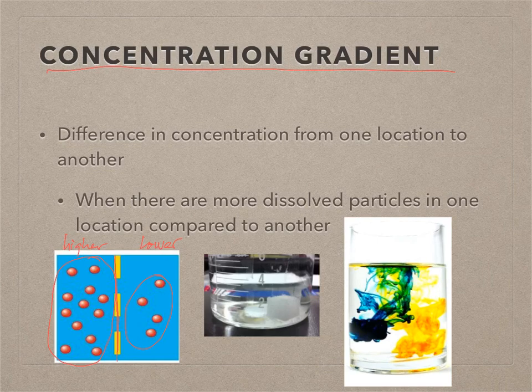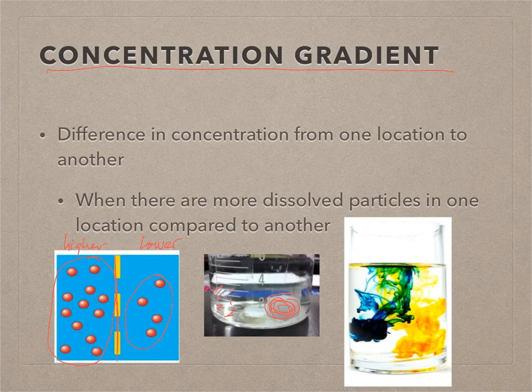Here, this is a sugar cube that's sitting in a beaker of water, and because the sugar cube hasn't dissolved yet, the concentration of sugar is very high here and not so much over here throughout the rest of the solution. Over time, this will diffuse and it will become equally dispersed throughout the solution where it will be at equilibrium.